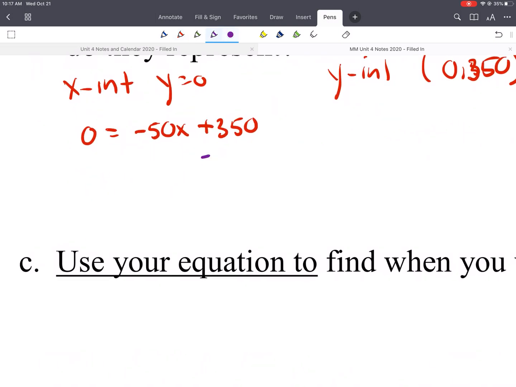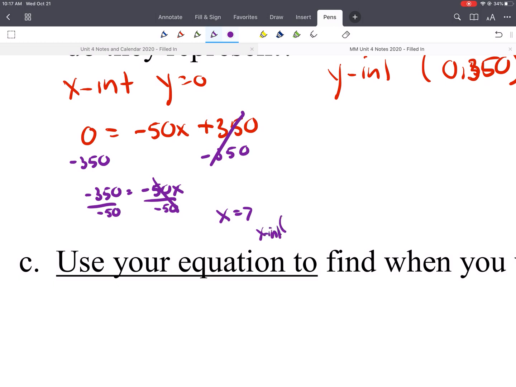So then we would subtract 350, and then we would need to divide both sides by negative 50. And that ends up giving us x is equal to 7. So our x-intercept is going to be 7, 0.